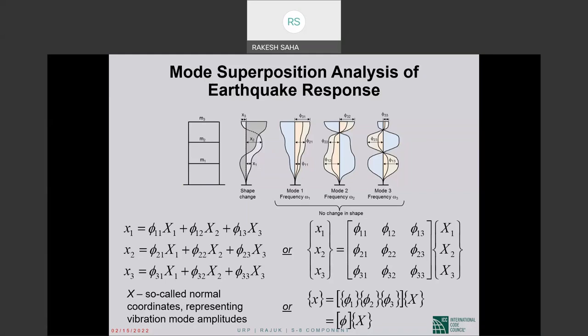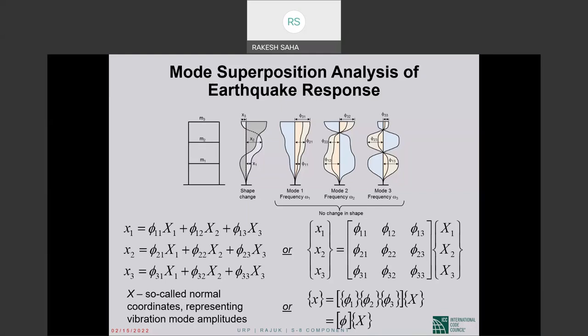The building will keep on vibrating without changing its shape. Okay? If we were to carefully deform this model into that shape and then let go, it will go on vibrating without any change of shape.